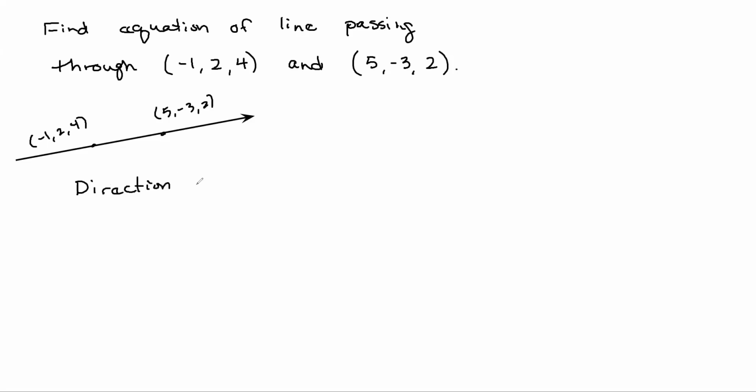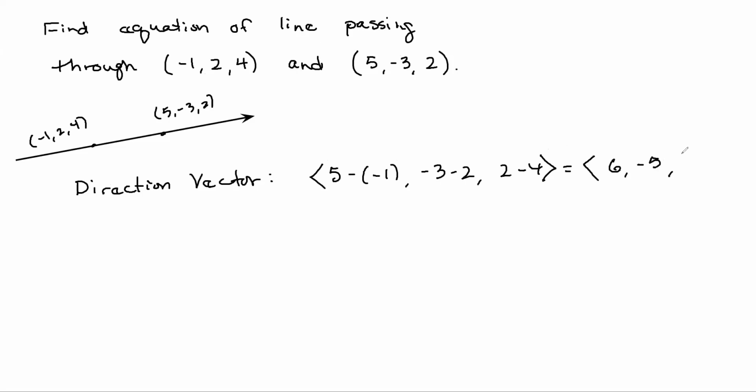Subtract the coordinates. All right, so we've got 5 minus -1, that's going to be 6. -3 minus 2, that's going to be -5. And 2 minus 4, that's -2.